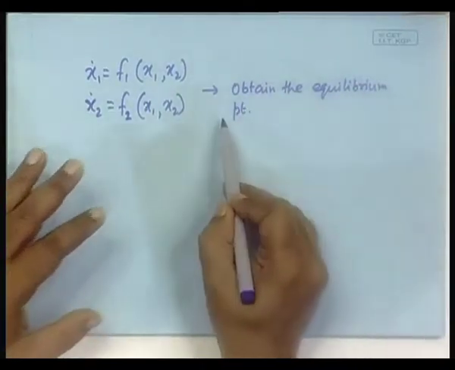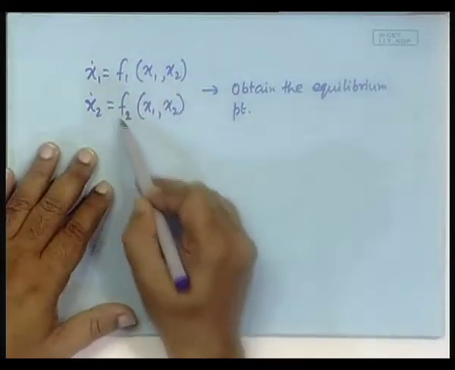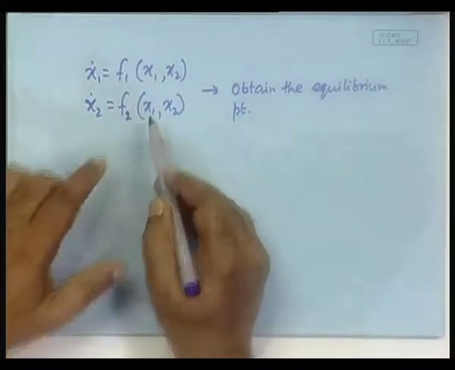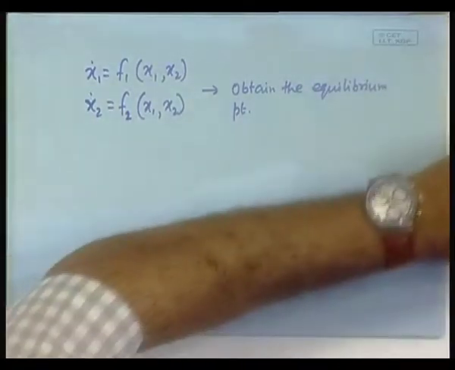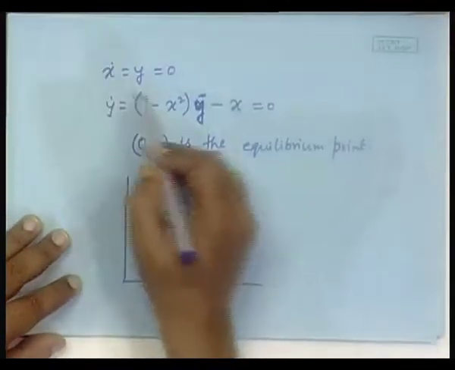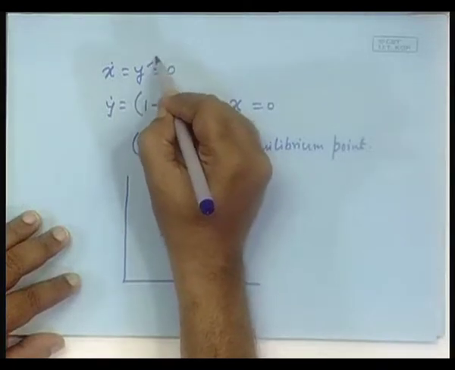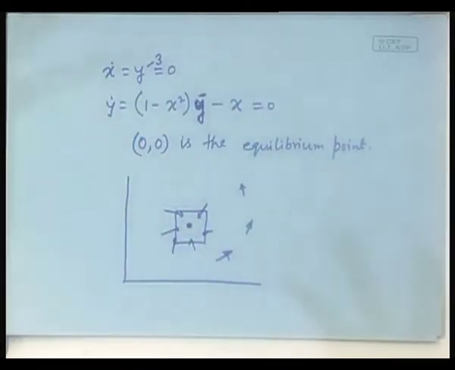There is no reason to believe that always, for whatever value of f1 f2, it will be at the origin; it could be some other place also. Imagine if here x dot is equal to x minus y minus 3, then itself it becomes a different position, right.